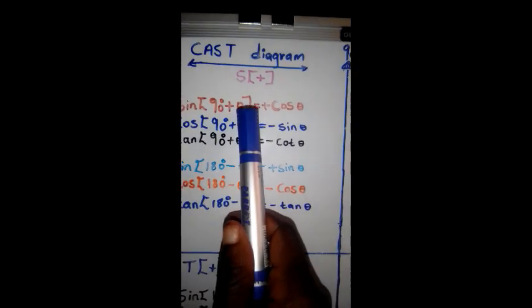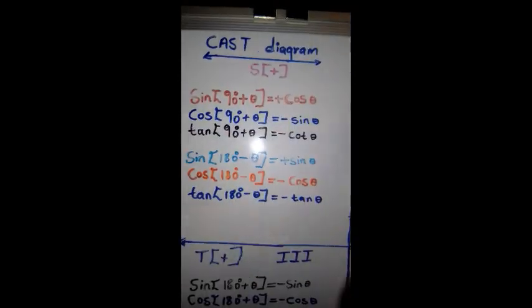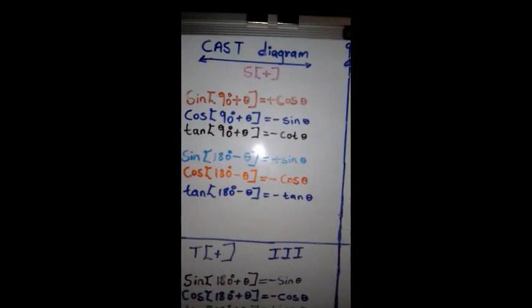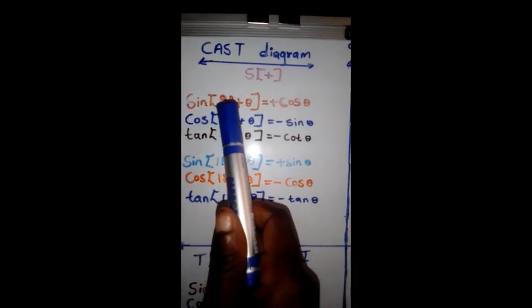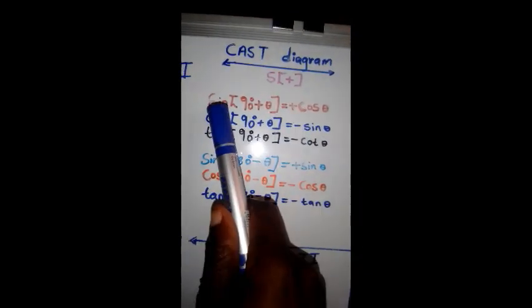But 90 plus theta means what? It means change, because from here up to 180, the angles that lie between are higher than 90. That's why I say 90 plus theta. So 90 means change, and it's going to be positive because sine is positive.